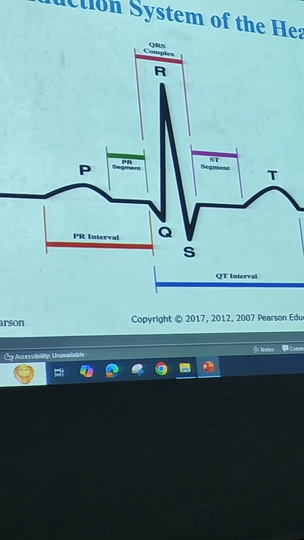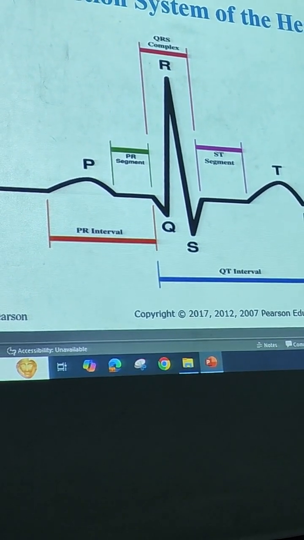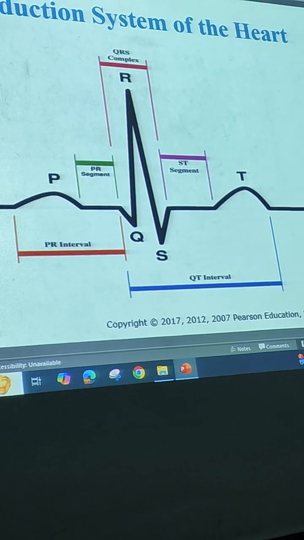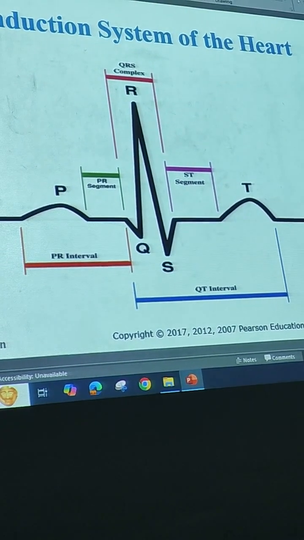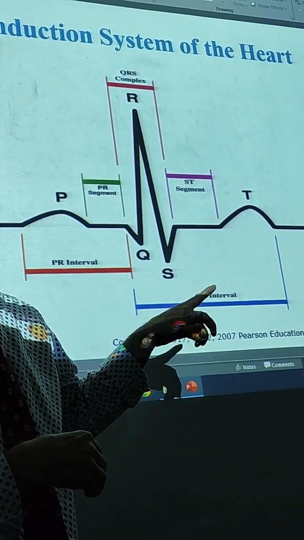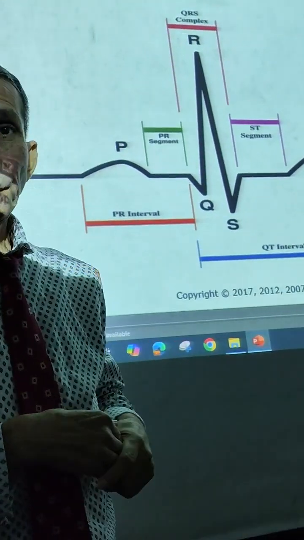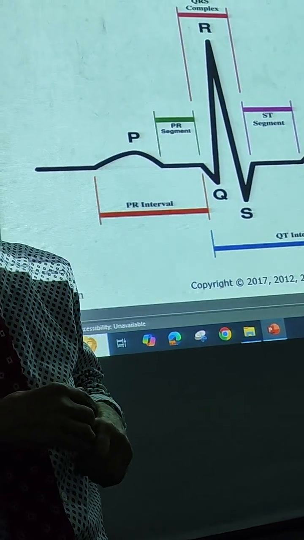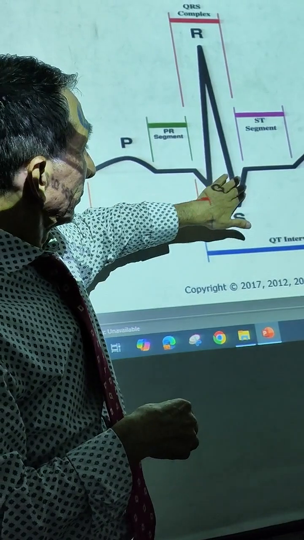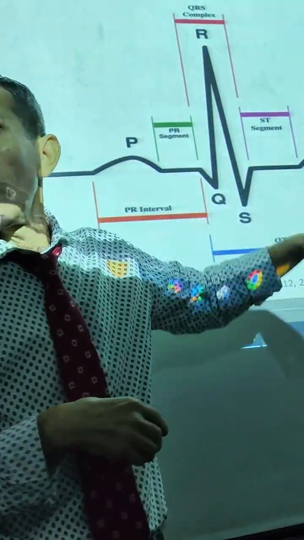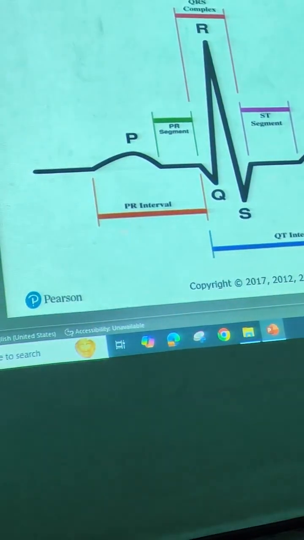So the ST segment, what could be one of the definitions based on the PR segment? It is the distance from here to here, between the contraction of the ventricle and the relaxation of the ventricle. Correct. That would be one.